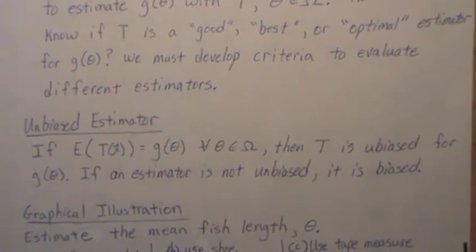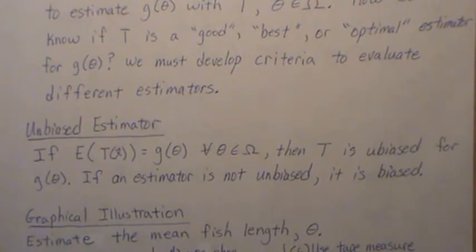Now here's perhaps a silly graphical illustration of unbiased. We're going to estimate the mean fish length, and call it theta, in a lake.